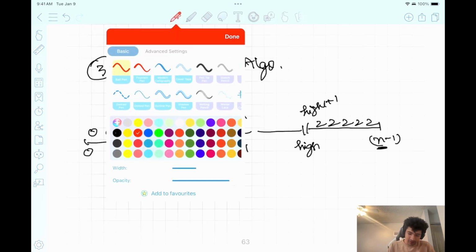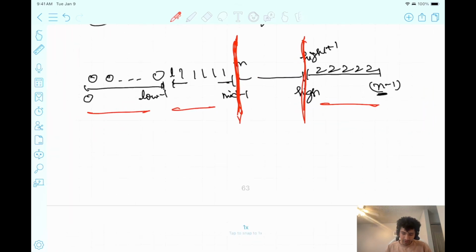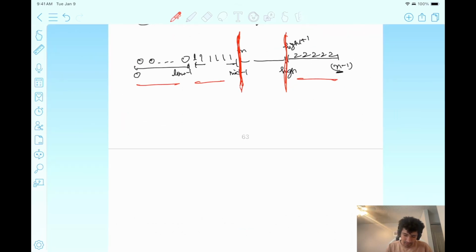So the problem comes down to we need to sort this array based on this information that we have, right? So what we'll do over here is, let's suppose mid can have 0, 1 or 2, right? So let's take the case when your array of mid is equal to 0, right?